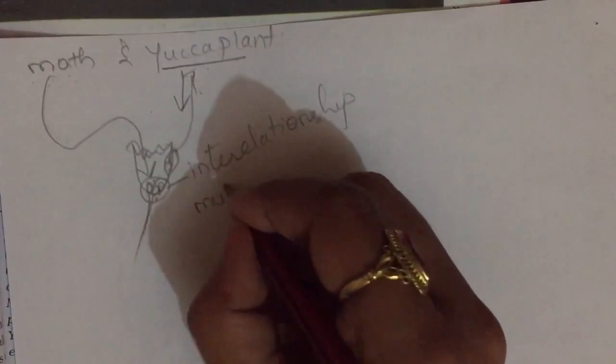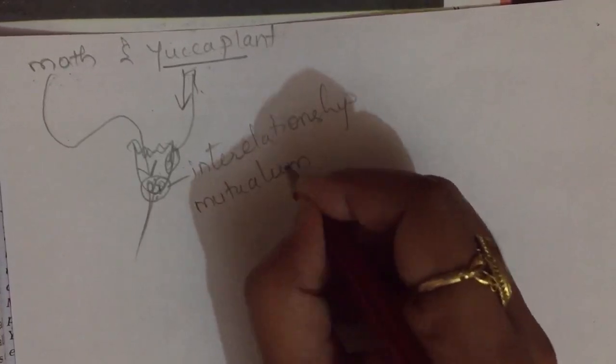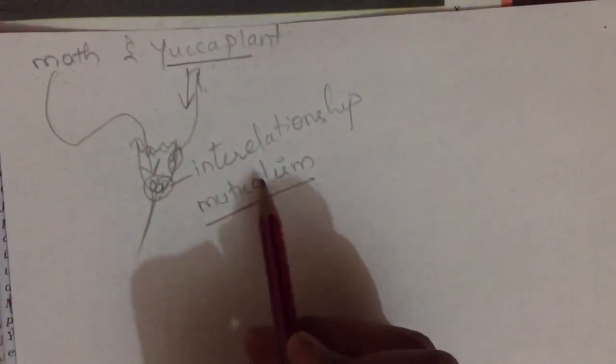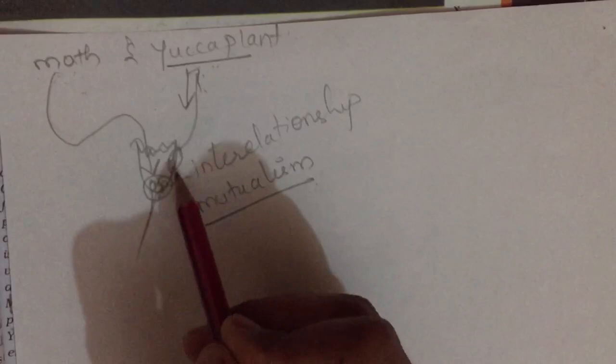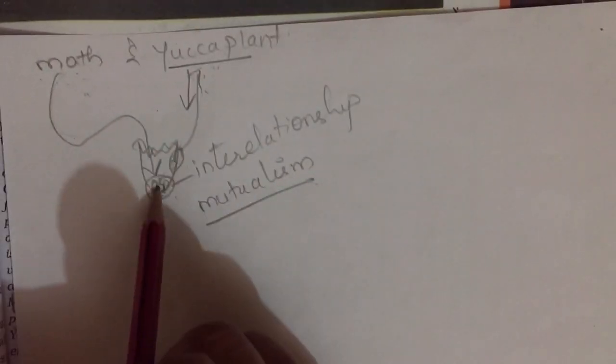For this kind of interrelationship, we call it mutualism, where both get benefited. In mutualism, both get benefit from each other. Without each other, they could not complete their life cycle.